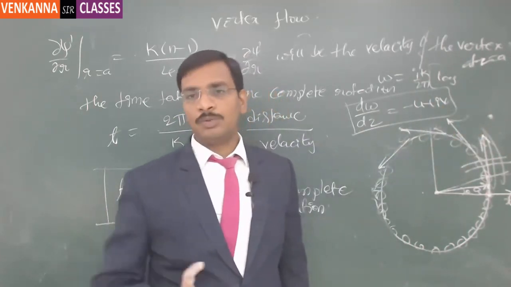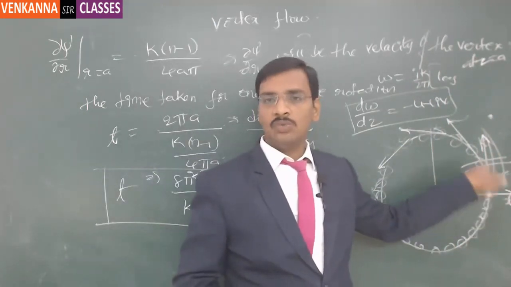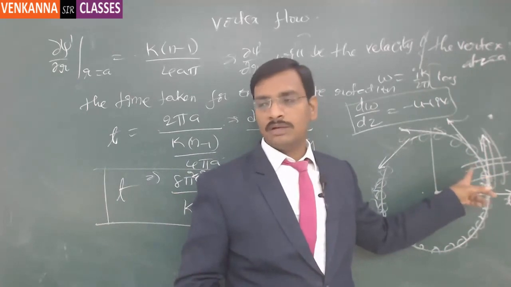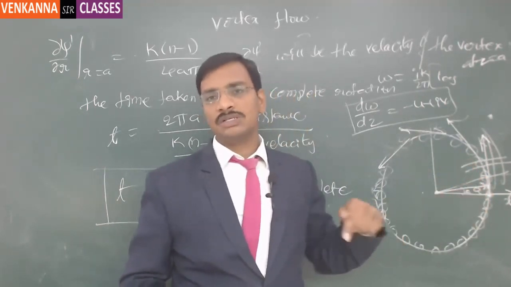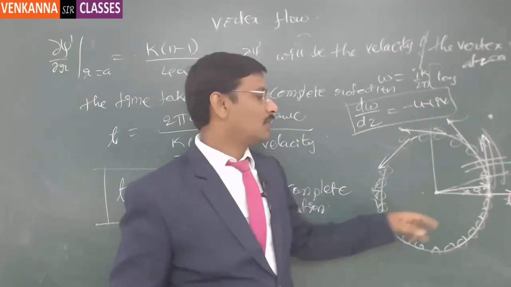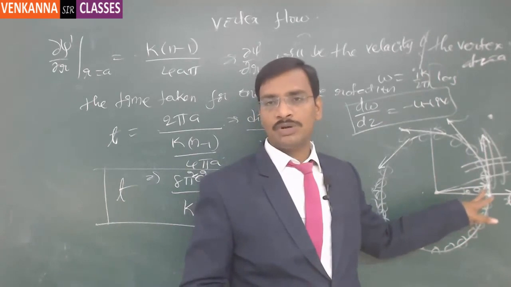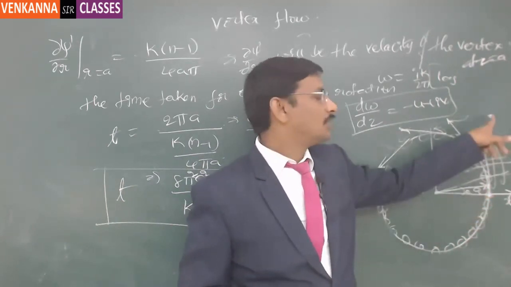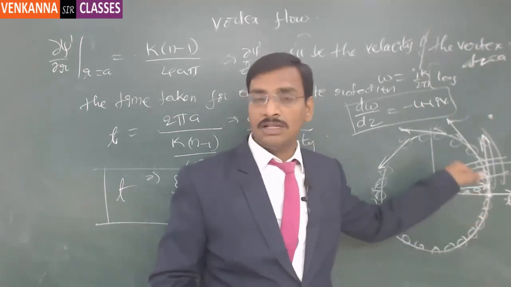This is one part of the problem statement. The second part is that the vortex present here is now moving. With what velocity is it moving, and in what direction? That's the first question. For this particular point, we found the complex potential, which is different from that at this point, because this is on the circle where the vortex is present.